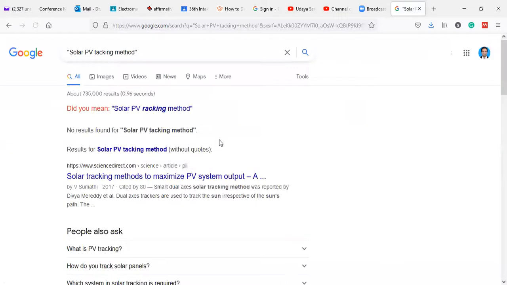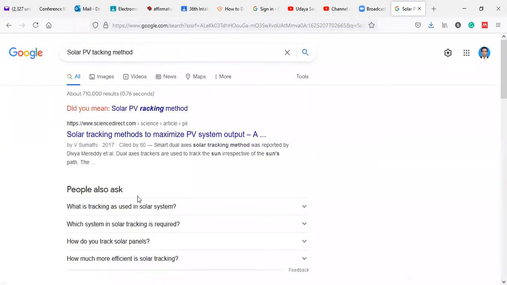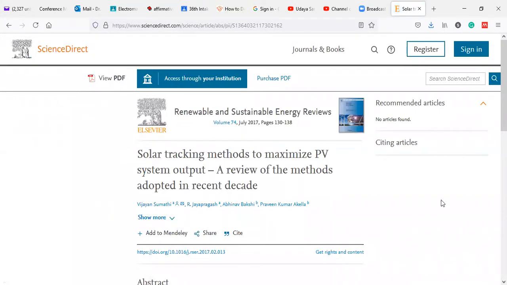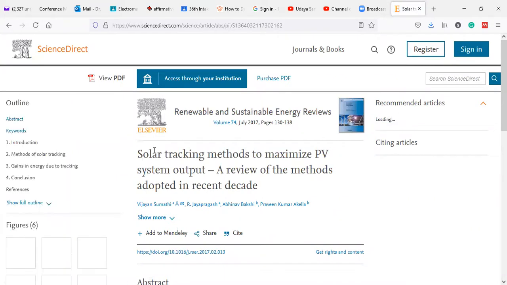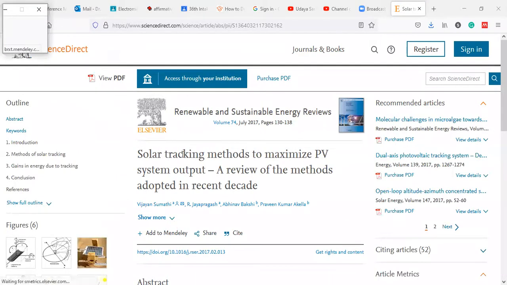Let's see. Results for solar PV tracking method. Sometimes some letters are not typing; there is a problem with my keypad. So this is one of the good journals available.